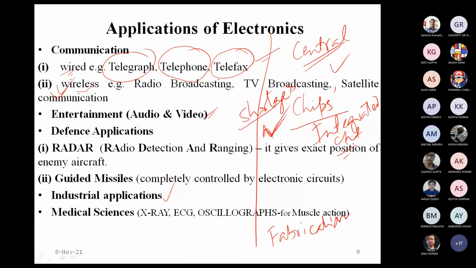Fabrication houses are needed to manufacture these integrated circuits, or so-called chips, which have inside them the diodes, the transistors, the MOSFETs connected together to do all these different jobs. So the government is now focusing.